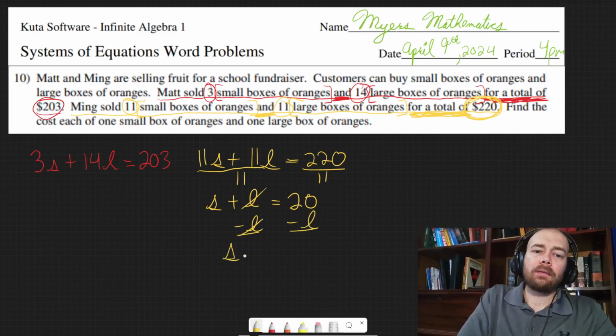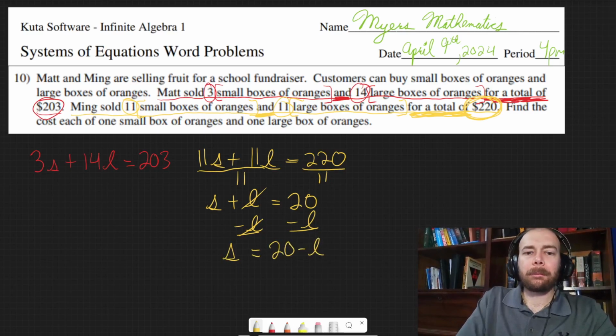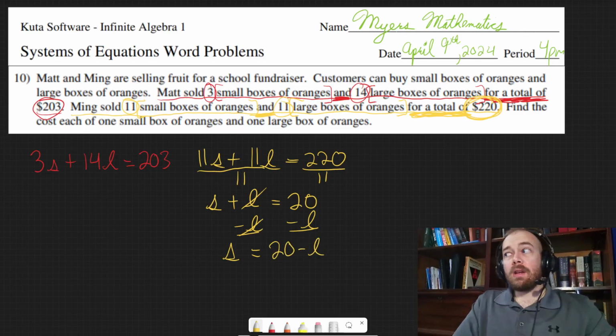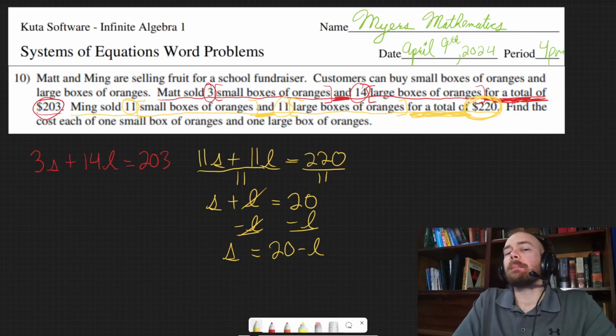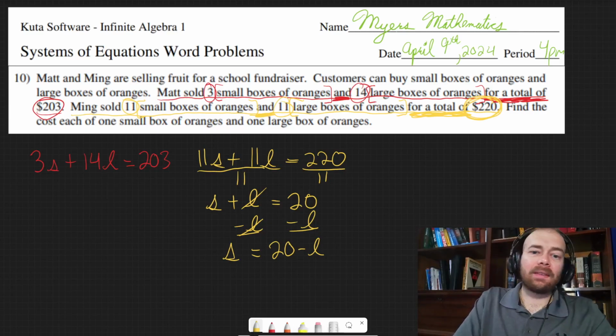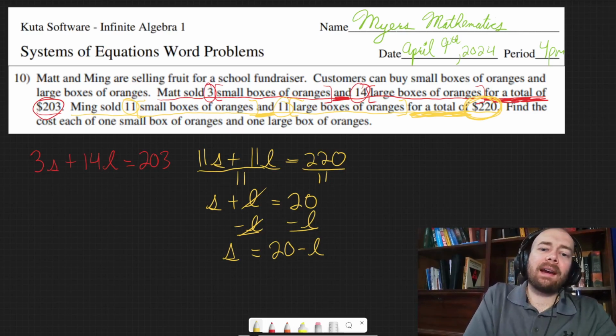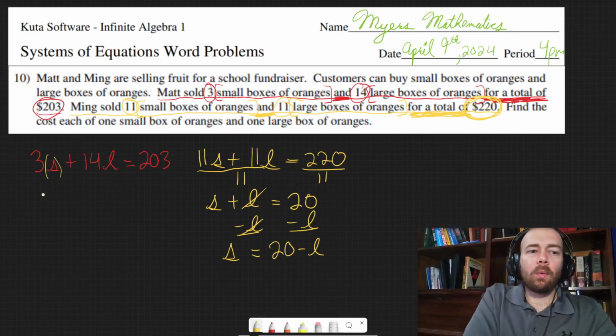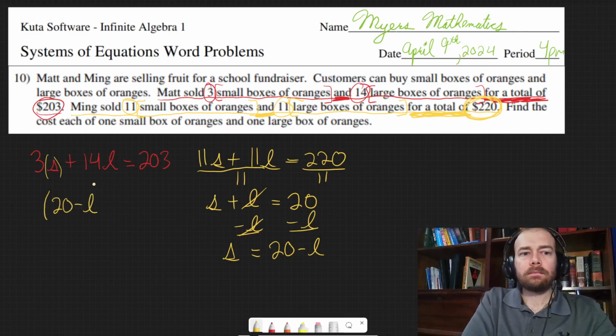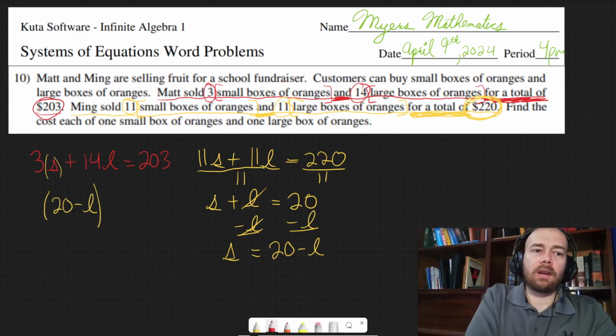So S is equal to 20 minus L. We've kind of sort of solved for S, except it's not just a number. It's equal to a number minus another letter that we haven't solved for yet. But now we can plug that in over here, because S is equal to 20 minus L. The rest of the equation would be 3 right there.